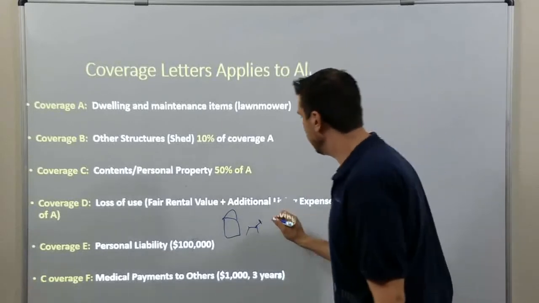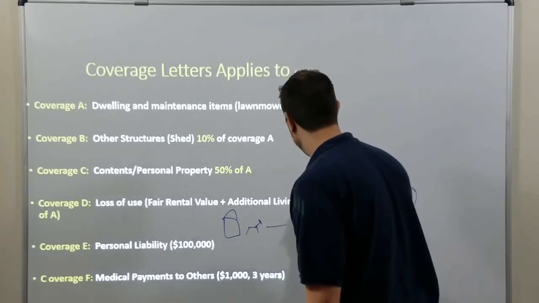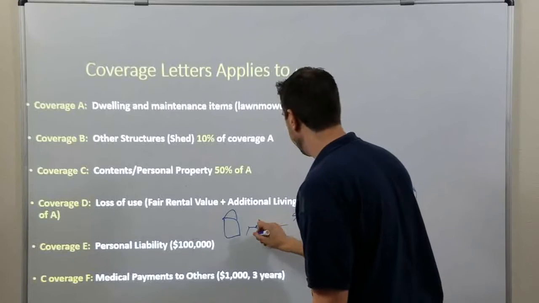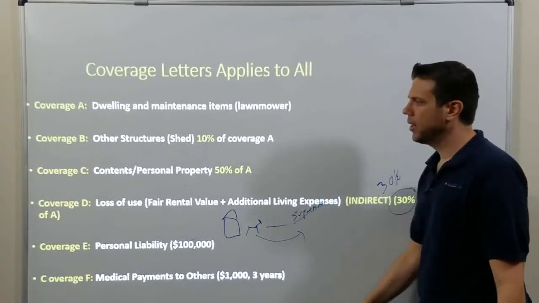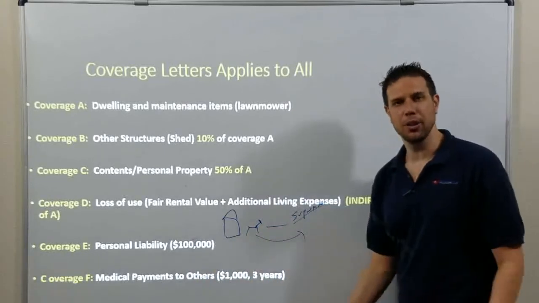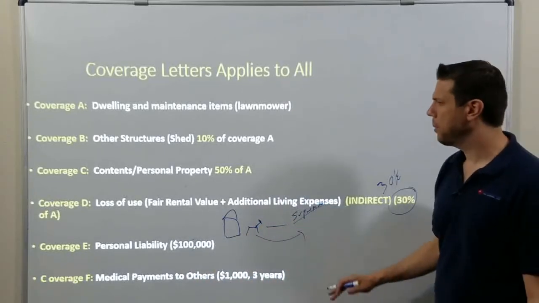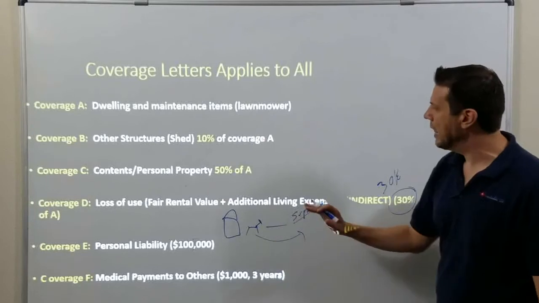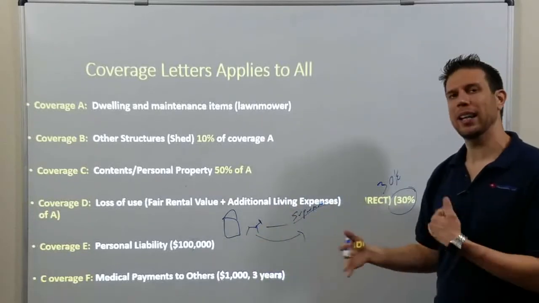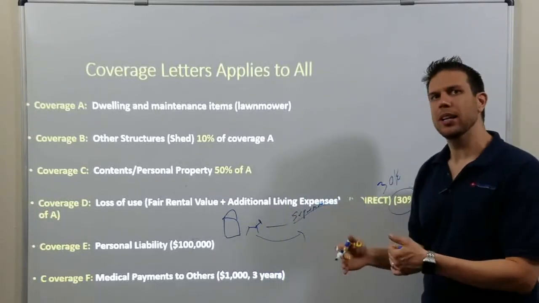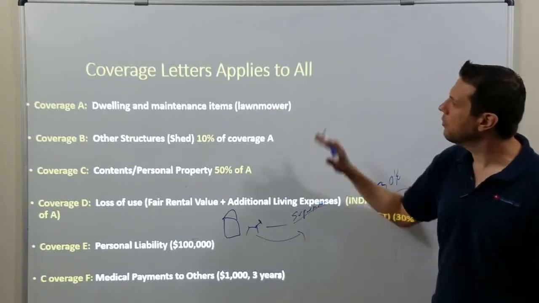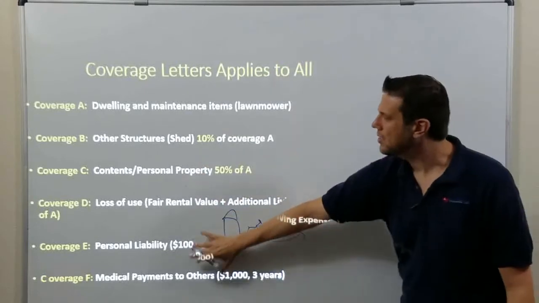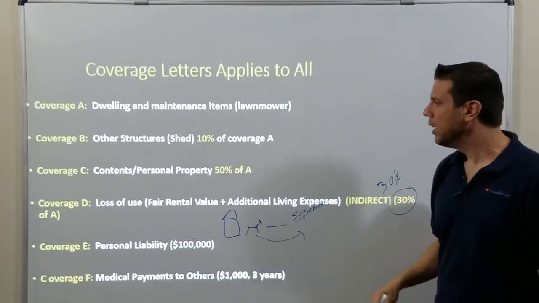Now let's say you're at the supermarket and you're walking your dog. Your dog bites me at the supermarket. Coverage E and F follow you. Primarily coverage E. But these insurance things, liability will follow you. So if you ever hurt somebody or get sued for something you did, you can file under your homeowner's insurance Section 2 policy.